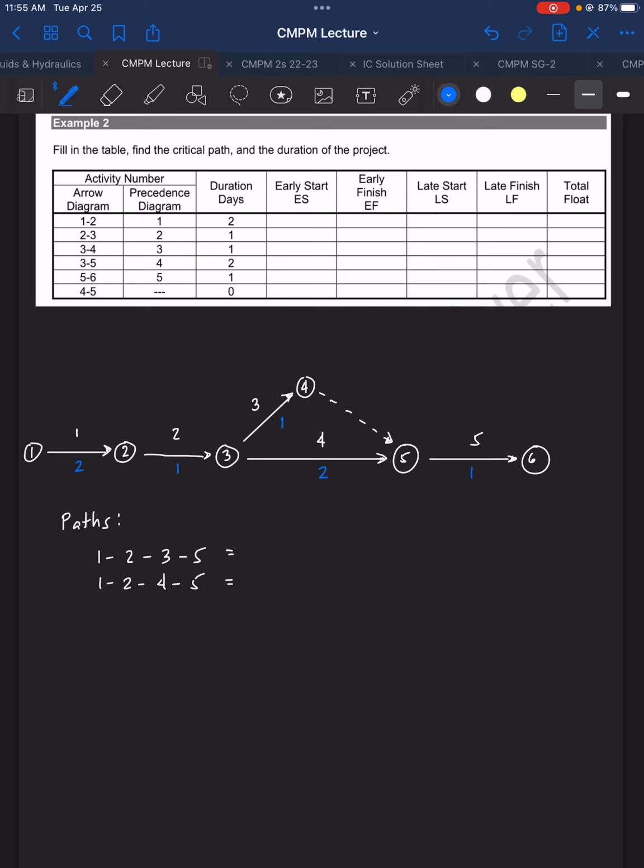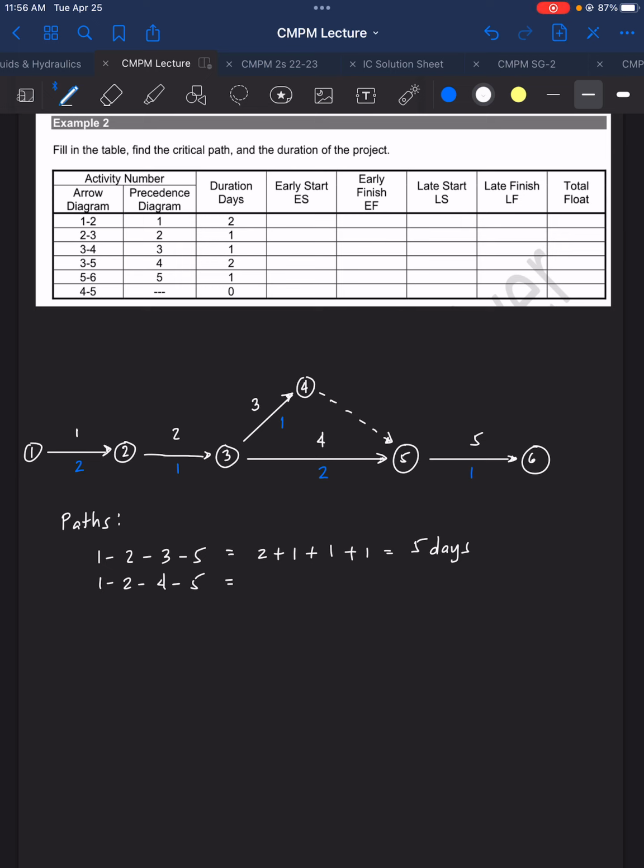So it means duration is not simply adding up the numbers in the table. You must first determine the paths, and from each path you need to solve for the duration. For 1, 2, 3, 5, we have 2 days plus 1 day plus 1 day plus 1, which is equal to 5 days.